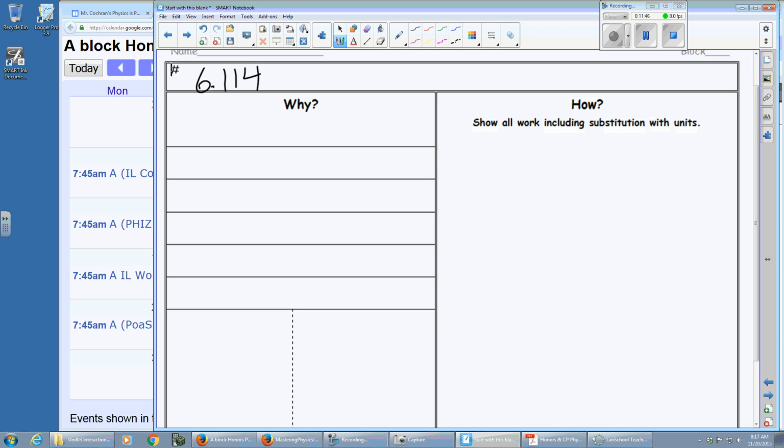What concept do you really need to understand to do this problem? Power, right? So you need to show that you understand that power is the rate work is done. And then you need to understand, as a couple of you just said, energy and work.